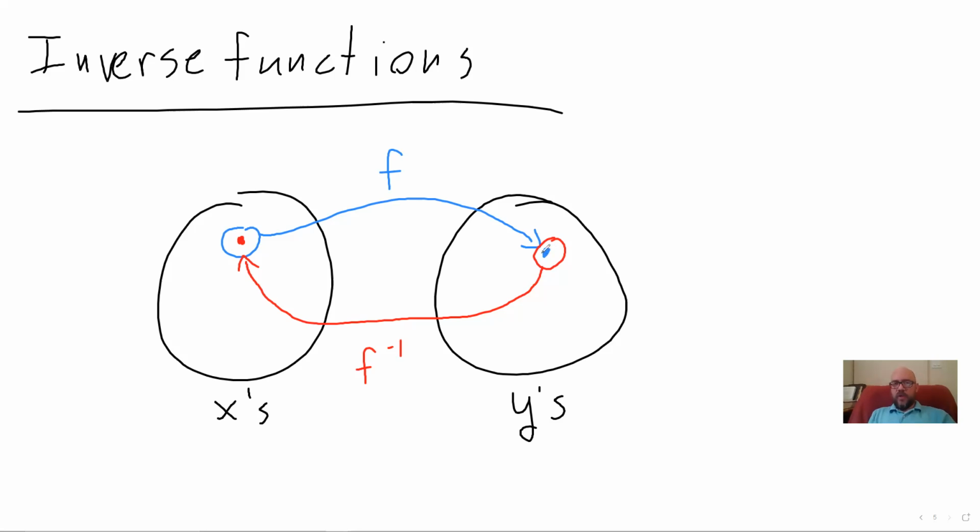And then if I want to go back to where I started from, very specifically, the exact point I started from, the function that does that is called f inverse, because it undoes what f did.